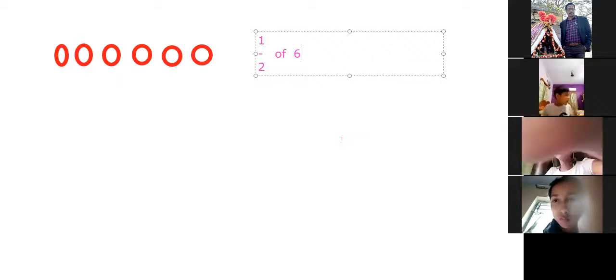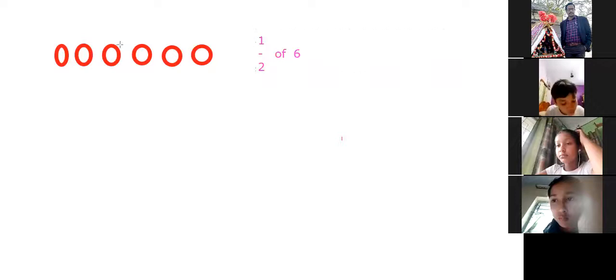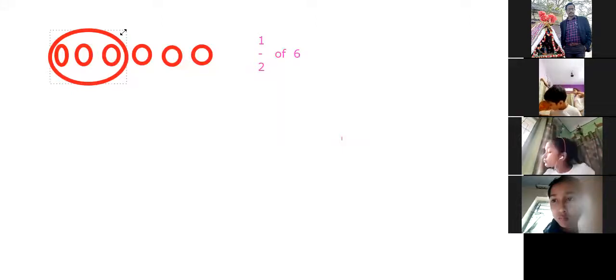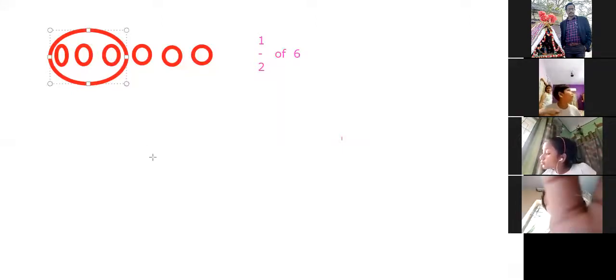Everybody knows how to do it. They have circled half, and everybody knows that 1/2 means half. If I divide this group of circles into 2 parts, in each part there will be 3 circles. So half of 6 is 3.